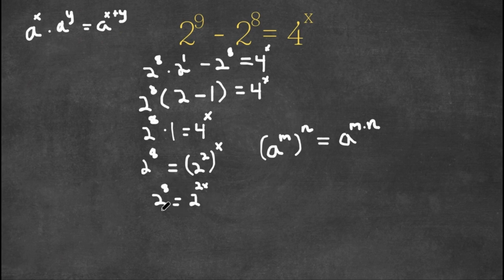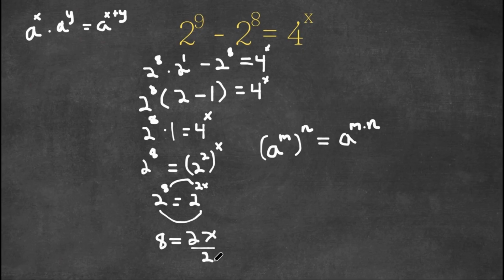Now, because we have the same bases, then that must mean our exponents here, these two must be the same as well, because this equation would not be true if these exponents are different, meaning that 8 equals 2x. And now, as you can see, we have a simple equation, and we just want to solve for x now.